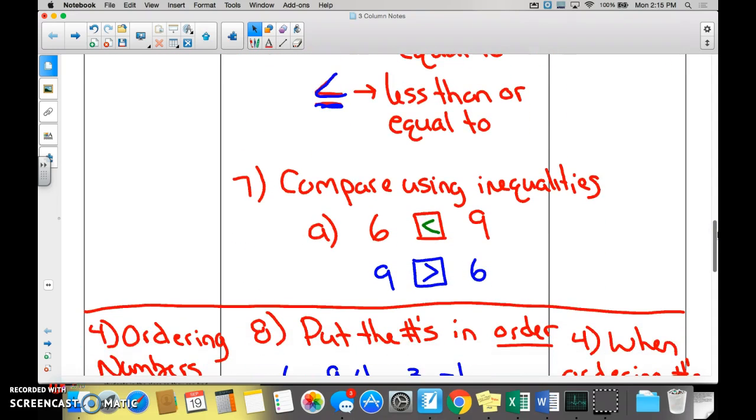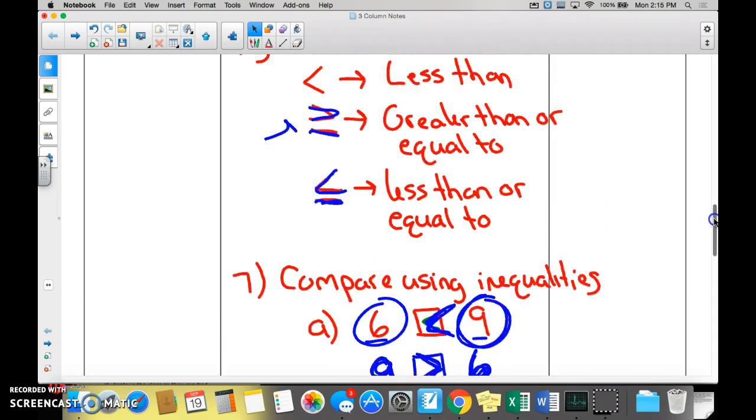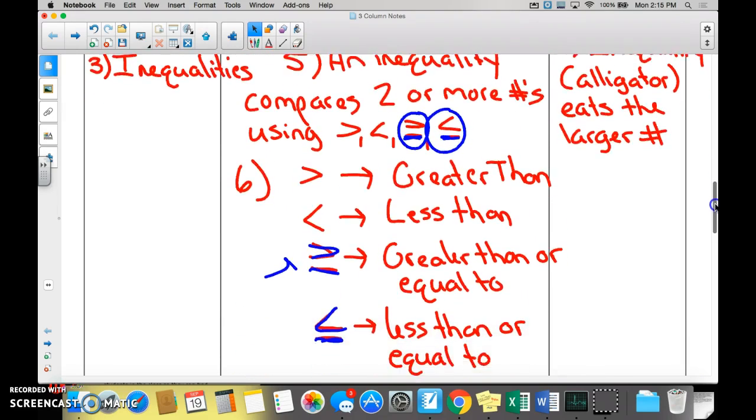So if we look at 7a here, we know 6 and 9 have different values. We know that 6 is less than 9. Therefore, the alligator wants to eat the bigger number. So if we have 9 first and 6 second, we read left to right, and we know that 9 is greater than 6. You said that the alligator or the inequality always eats the larger number, which is your cheat sheet idea.